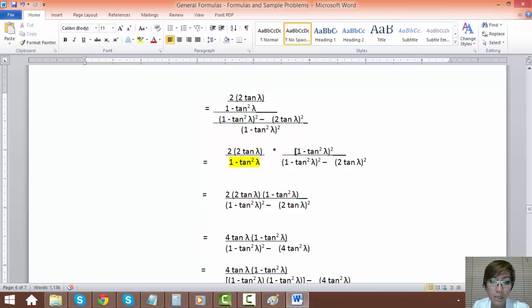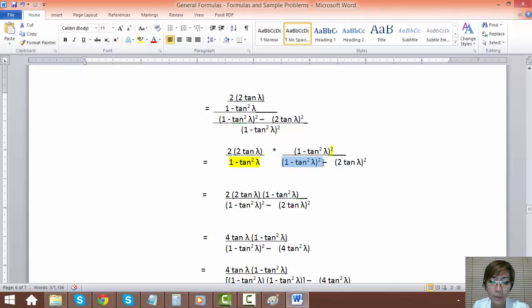Next step is the same in the numerator, but we write it in a squared form. So 1 minus tangent squared lambda times 1 minus tangent squared lambda, since this is raised to the second power, minus this same 4 tangent squared lambda, then the same numerator again, and then simplify this one.